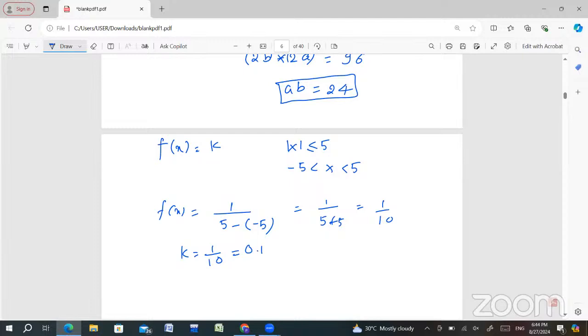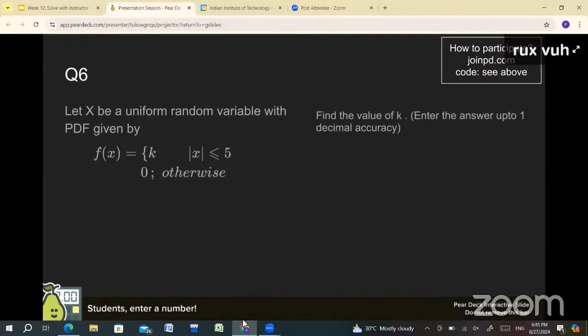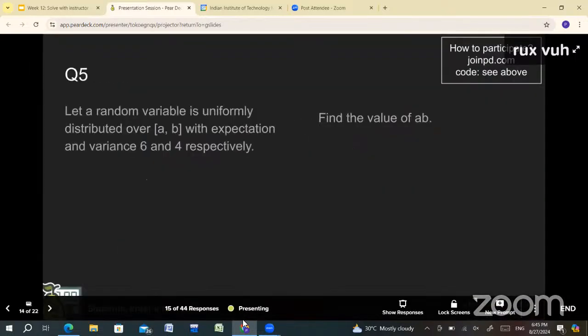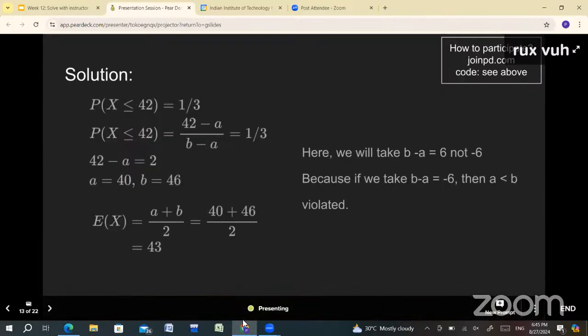Ma'am, like in the previous question that we solved about this uniform distribution, I guess the second question, where we used the integration method to get the values of a and b, and here we are doing it directly. I can't understand this. In the second question, we did like the 42 or something.